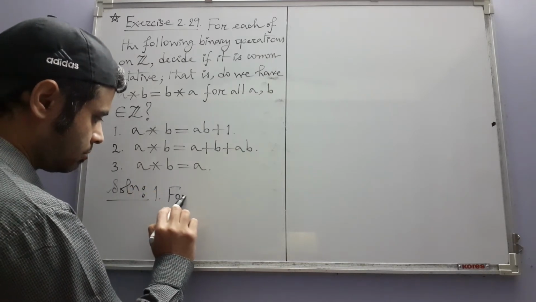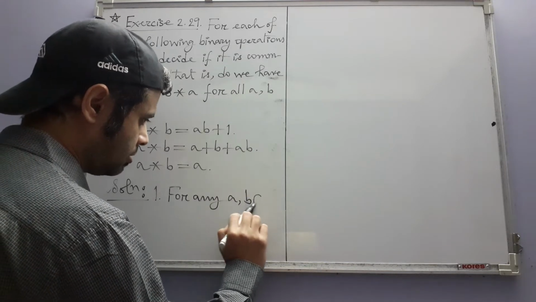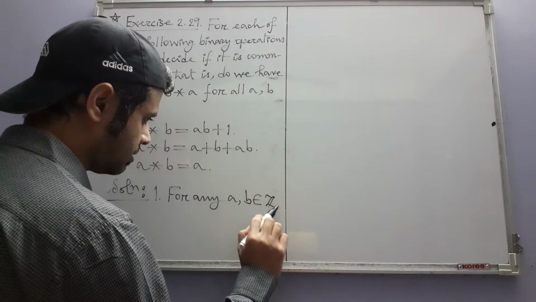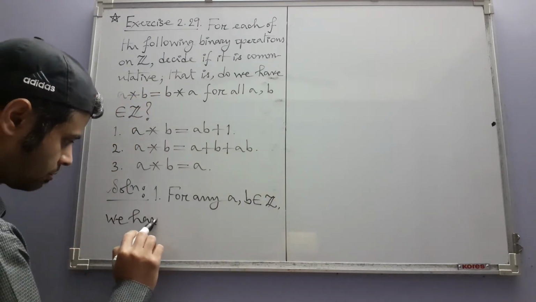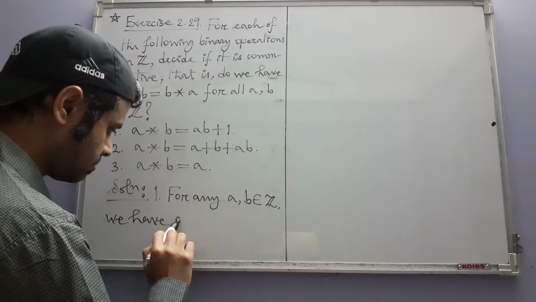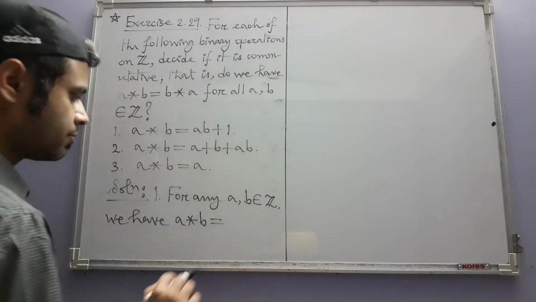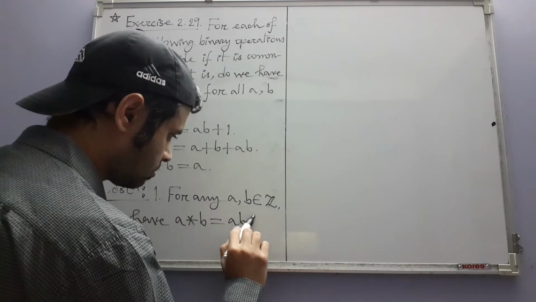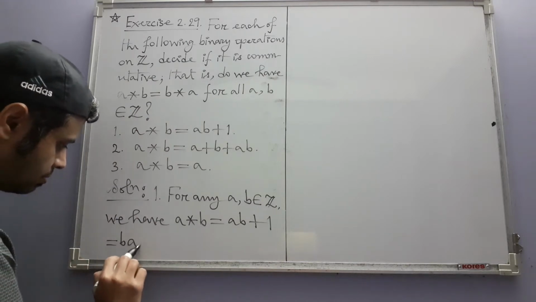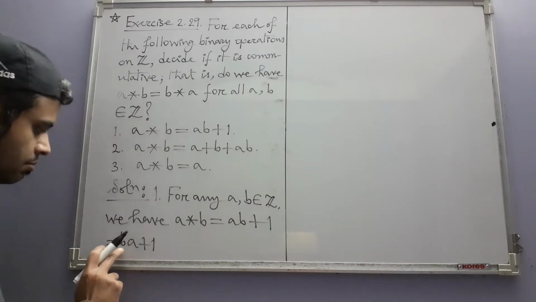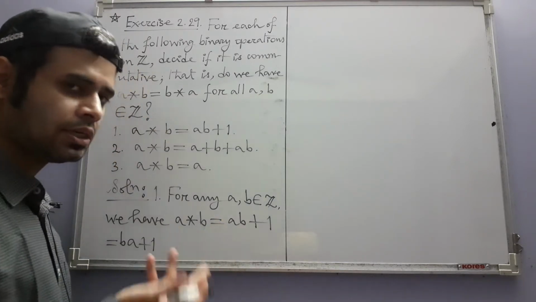For any two integers a and b, we have a star b equal to ab plus 1, and that is equal to ba plus 1, because this is ordinary multiplication of the integers a and b, which we know is commutative.